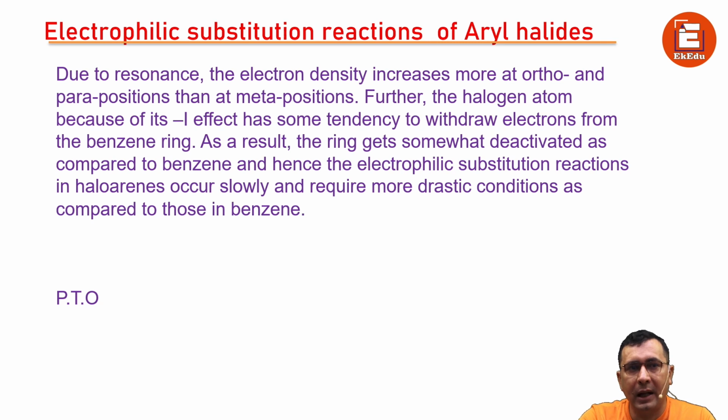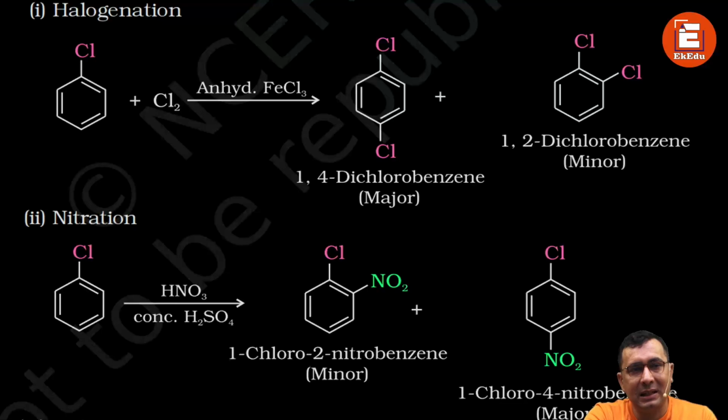Further, the halogen atom, because of its minus I effect, has more tendency to withdraw electrons from the ring. As a result, the ring gets somewhat deactivated as compared to benzene, and hence the electrophilic substitution reaction in haloarenes occurs slowly and requires more drastic conditions as compared to those in benzene.